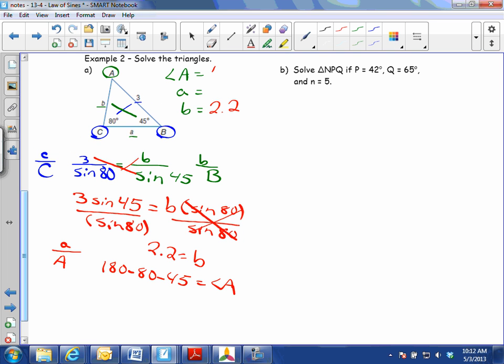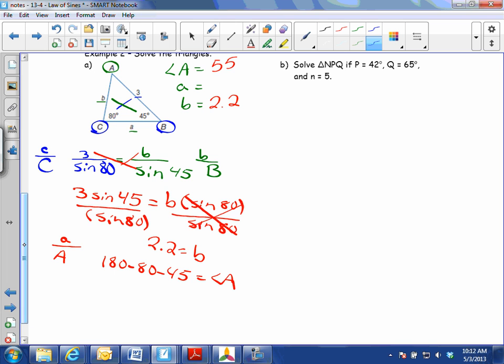55. So now we can use the law of sines with angle A in there to find what side A is. So we don't know what side A is, but we know angle A, we just found it, is 55.